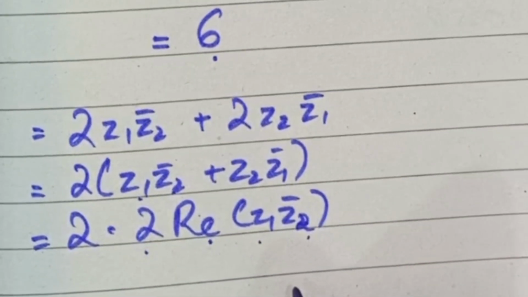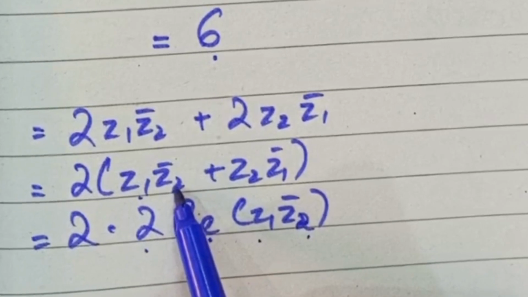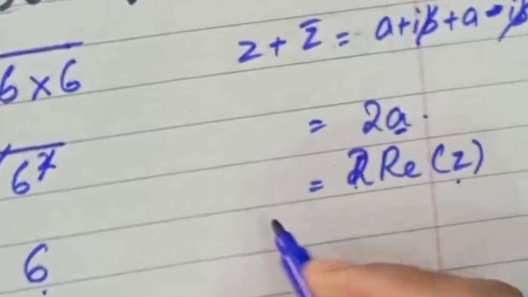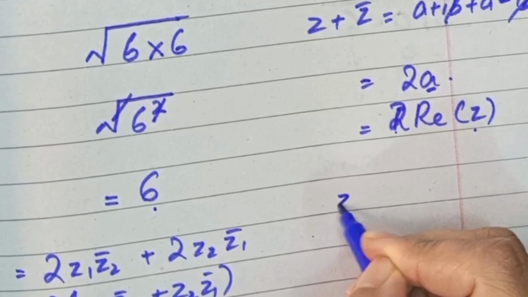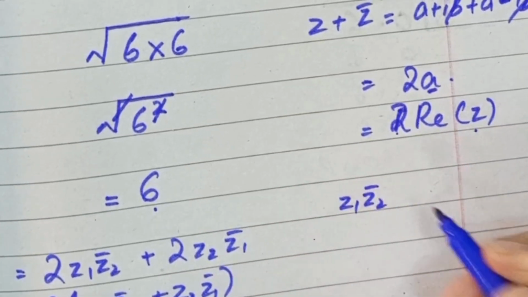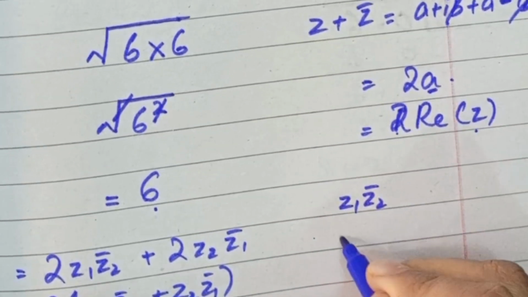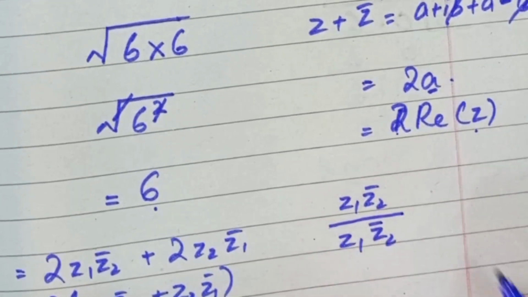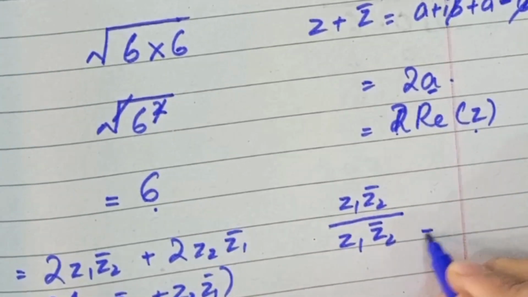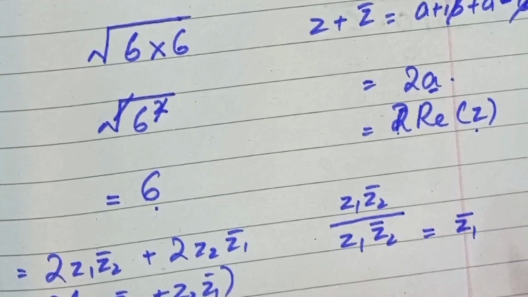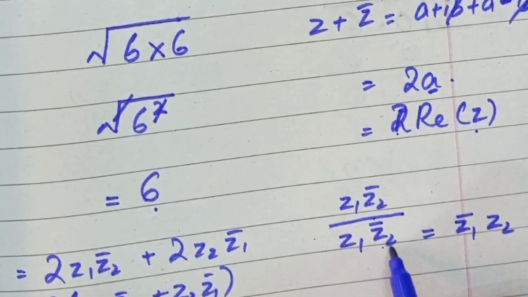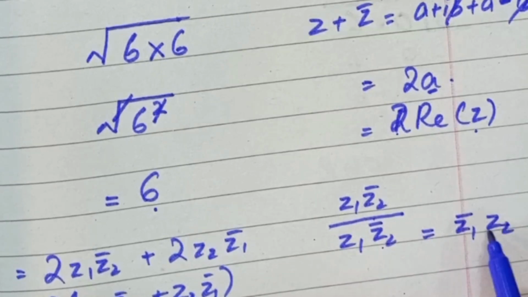Now you will think that this is considered as z, but how is this z bar, how is this z conjugate? If we consider z1 z2 bar as z, then its conjugate is z1 conjugate and z2, because the double conjugate of any complex number is the number itself.